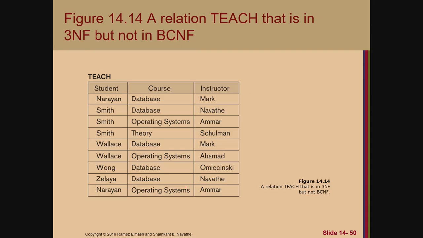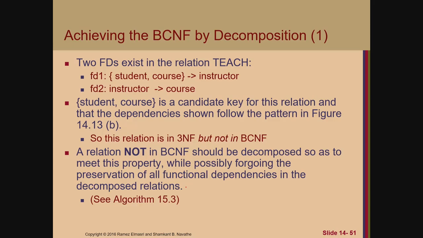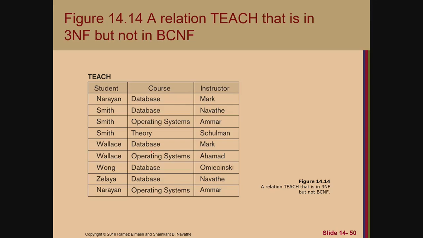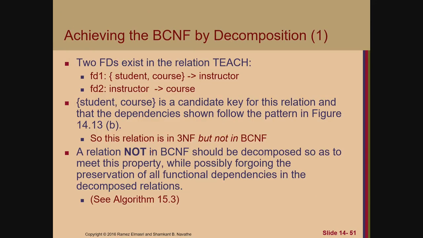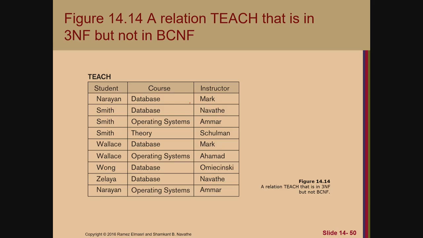So this one is the relation TEACH, which is in third normal form but not Boyce-Codd normal form. But how to check it? They said that in this example, student and course determine instructor, and instructor determines course.